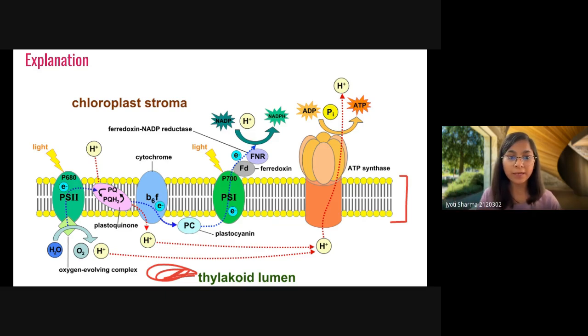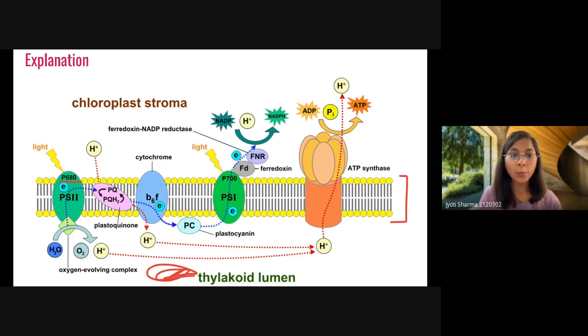And in that chloroplast, what will happen? There is one structure, and that structure is P680. This is the chlorophyll pigment that will take the sunlight at the wavelength 680 nanometer.